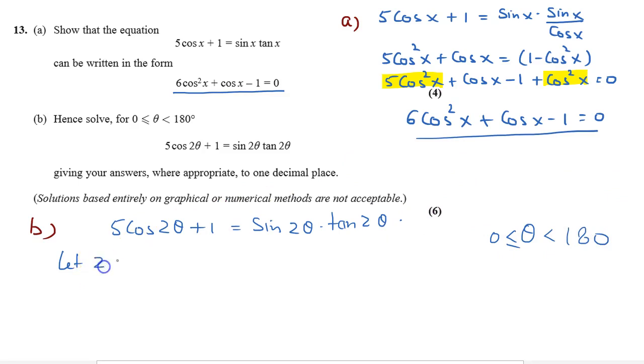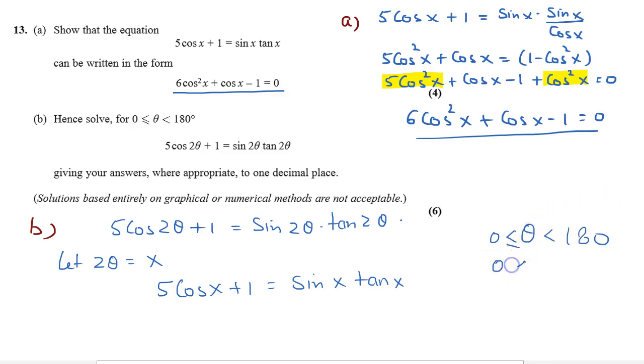Let 2 theta be equal to x. So it can be written as 5 cos x plus 1 is equal to sin x tan x.